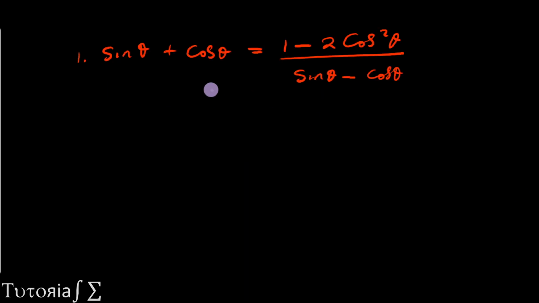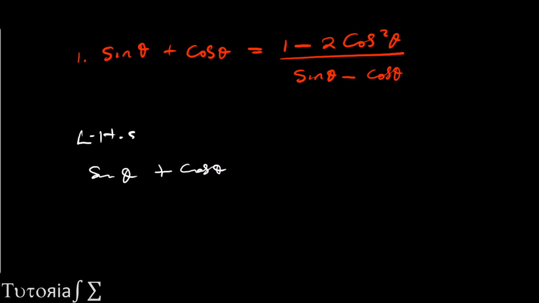All right, so the first one that we have is this right here: (sine theta plus cos theta) equals (1 minus 2 cos squared theta) over (sine theta minus cos theta). So what we'll do here is we're going to take the left-hand side, sine theta plus cos theta.